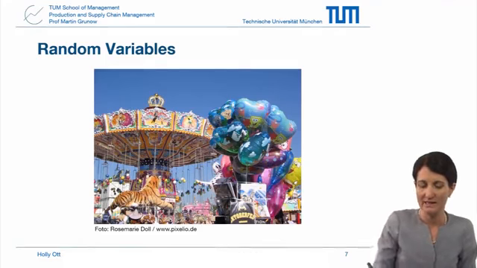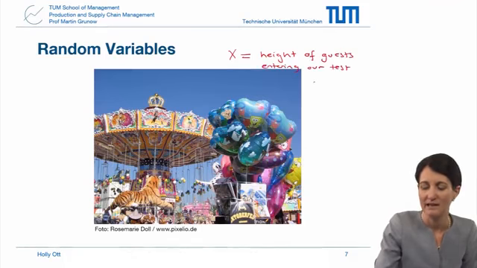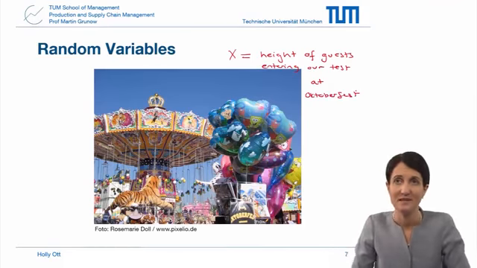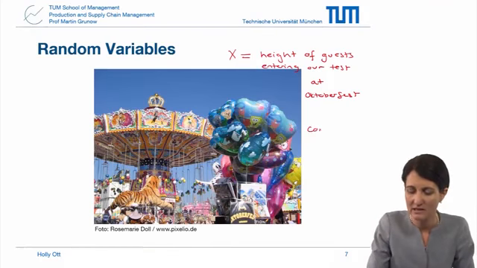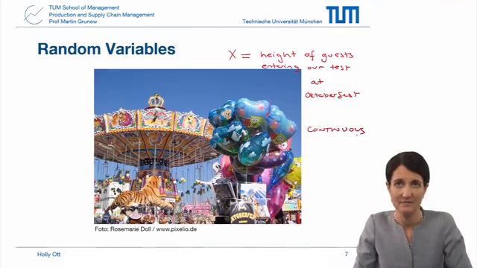We're going to let x, our random variable, equal the height of the guests entering our tent at Oktoberfest in Munich. So clearly for height, this is a continuous random variable because we can have any height.